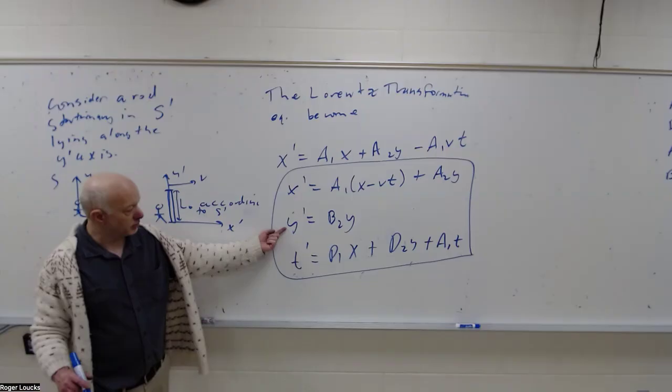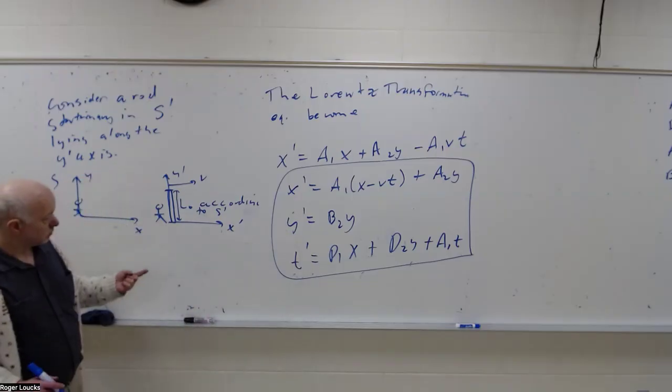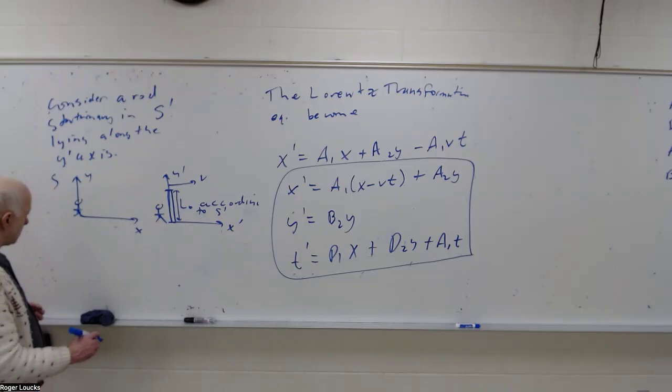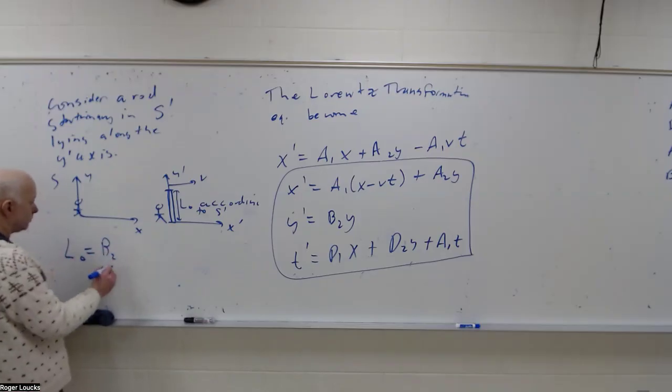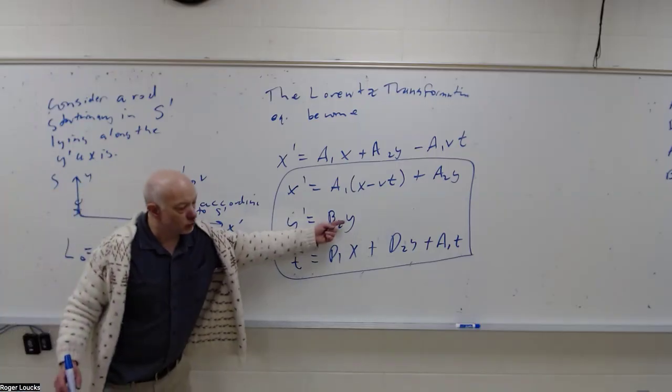Y prime would be L naught, this would be B2 times L. And what would this person measure?